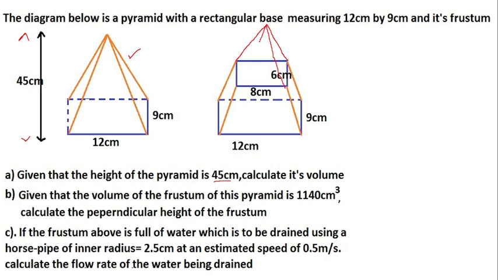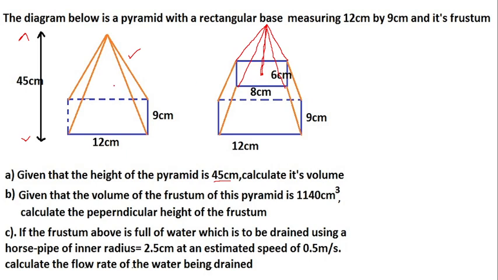If it is completed like that, the upper part needs to have its own height, and that height should start from the base of that part up to the top, up to the vertex. So this should be the height of the upper part. We are going to use that in question B, just take note of that.